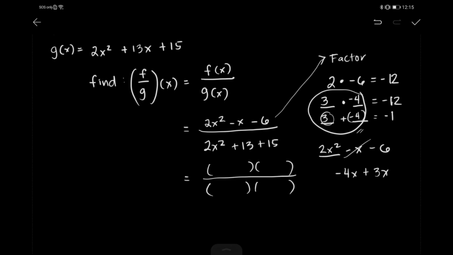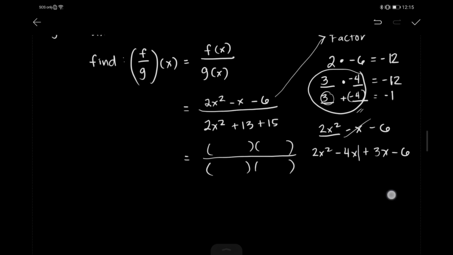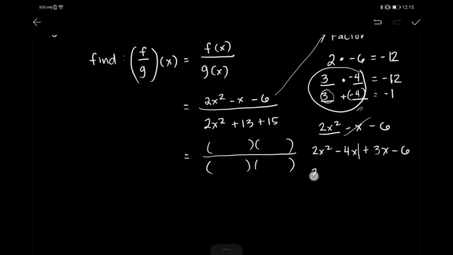Then bring down the 2x squared, then negative 6. Group factorization. The GCF of these two is 2x, quantity of x minus 2. And the GCF of these two is 3, quantity of x minus 2.